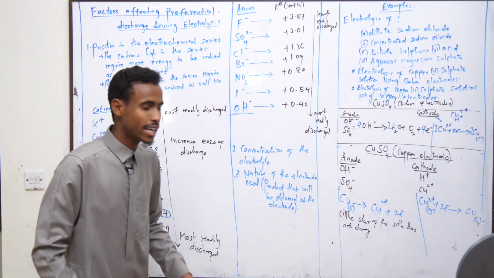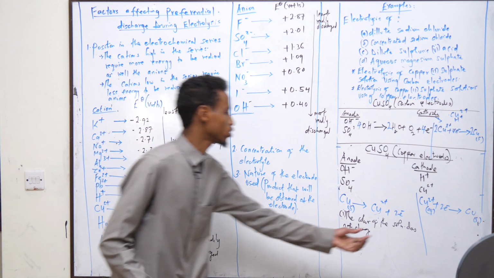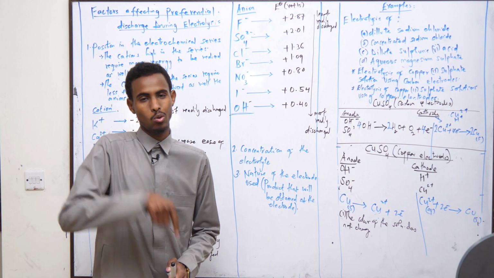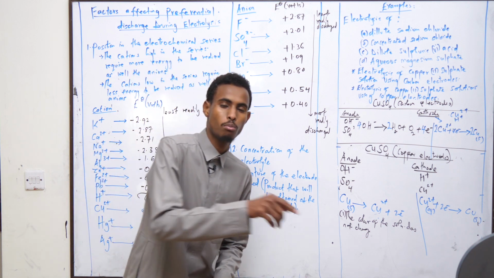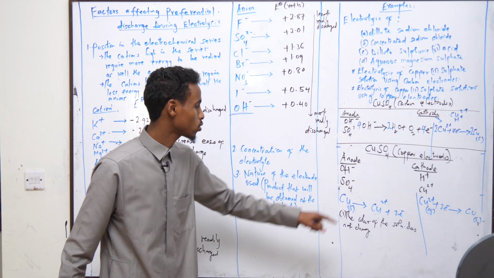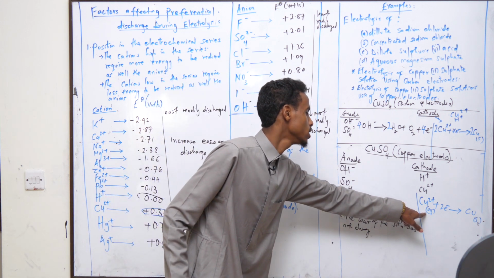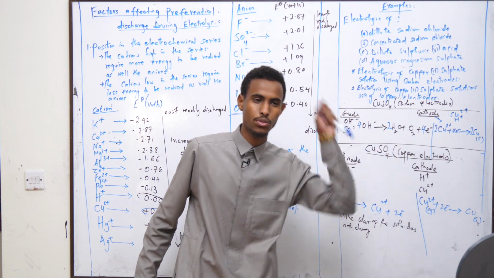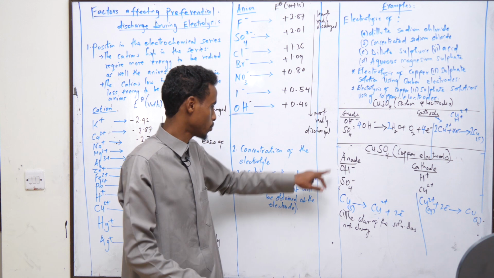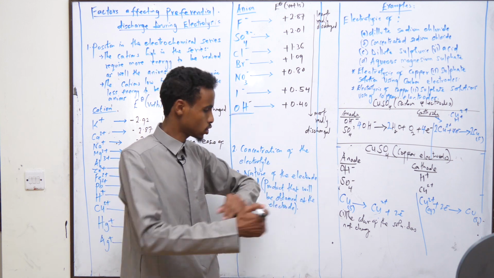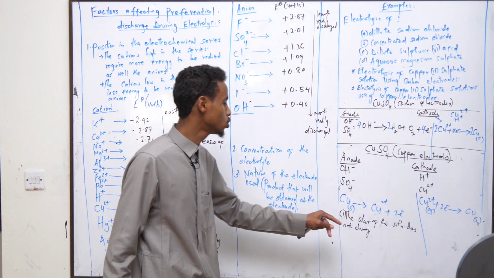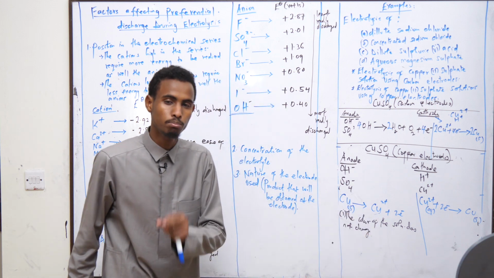Because the copper 2 ions that undergo reduction are being replaced by the copper anode, which goes into the solution in form of ions, and therefore there is a balance of charges. As the copper ions are reduced at the cathode, we also have the copper anode undergoing oxidation, and therefore there is a balance of charges. That is why the blue color of the copper solution remains blue.